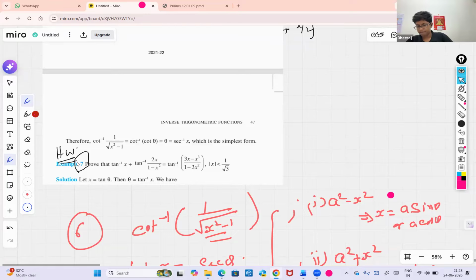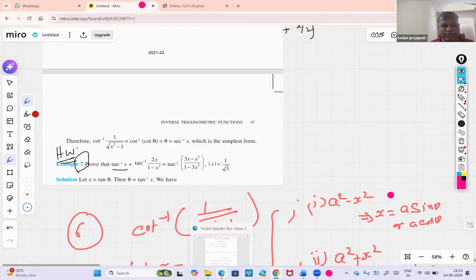Very easy. You can also solve it like tan inverse x plus tan inverse y. That is also possible. But see what it is telling. Let's solve it, it's not a problem.